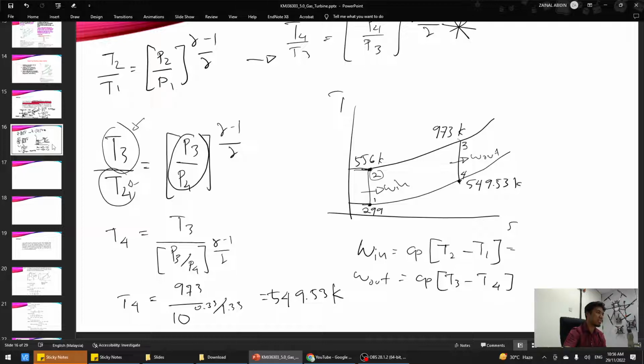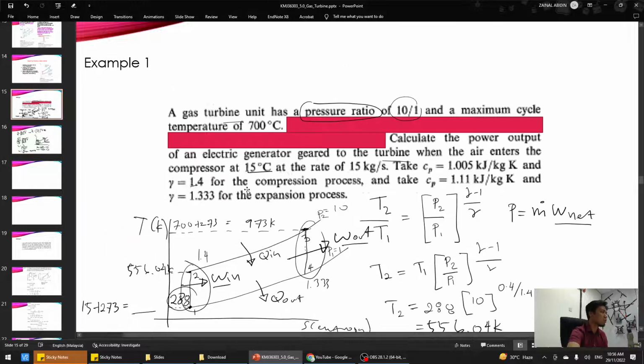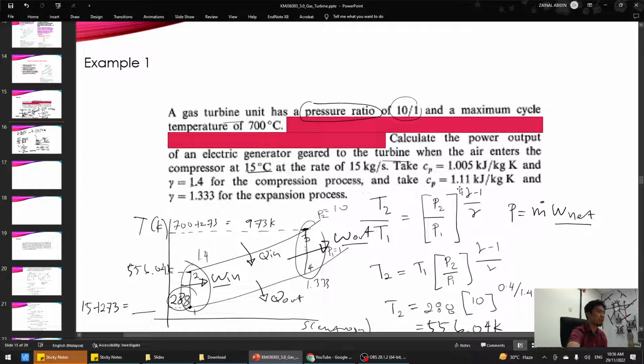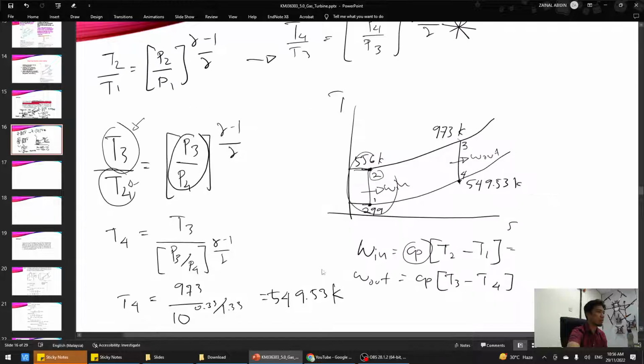Work out here is CP times T higher, T3, minus T lower, T4. For CP on the compression part, the question asks you to use 1.005, while for the expansion part, the question asks you to use 1.11. So based on this formula, find the work in. CP for compression is 1.005, T2 is 556 minus 299. So you get work in.